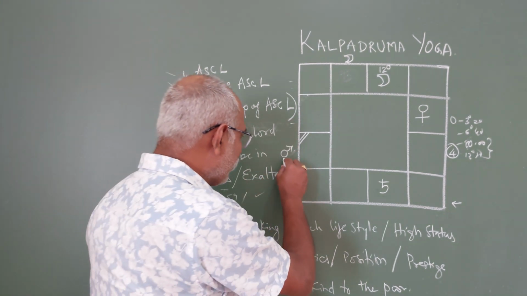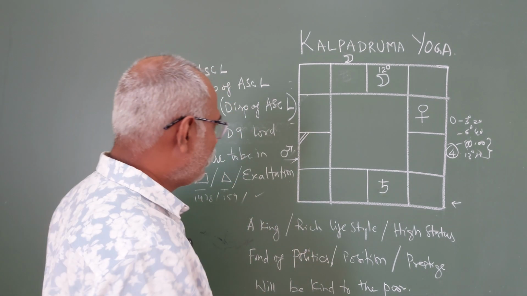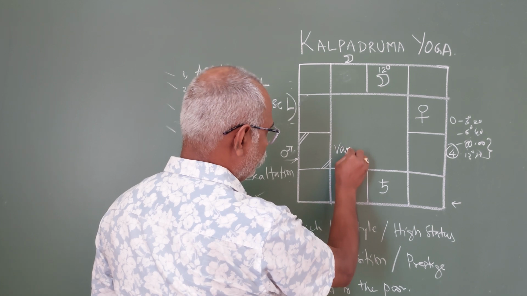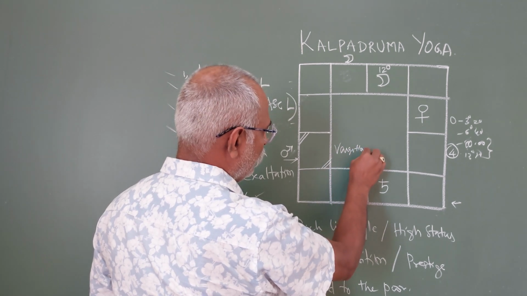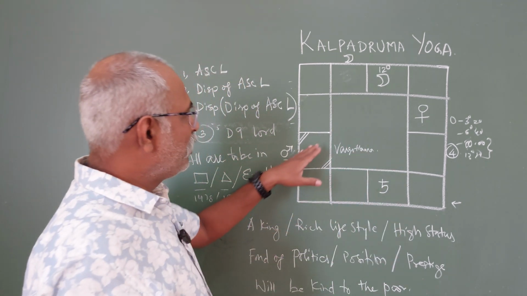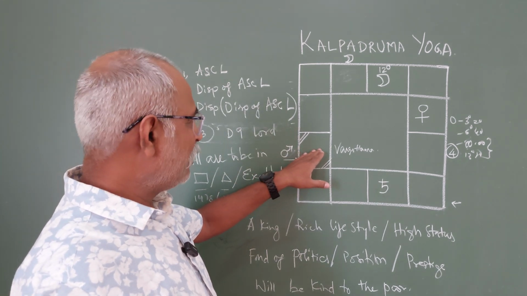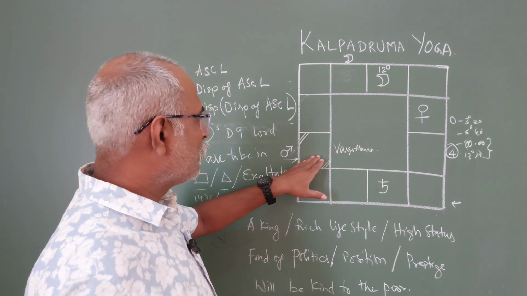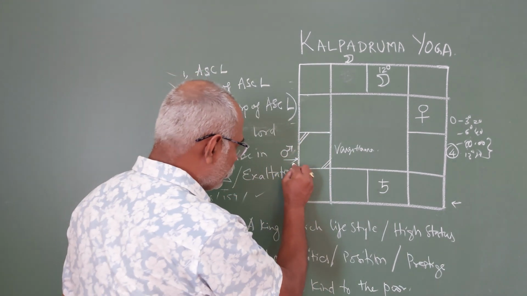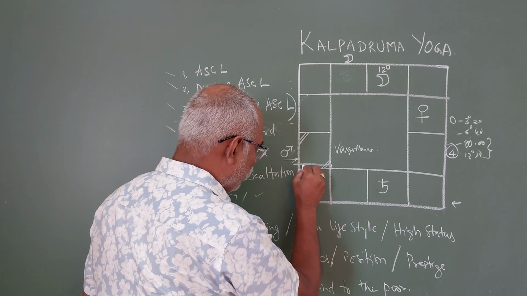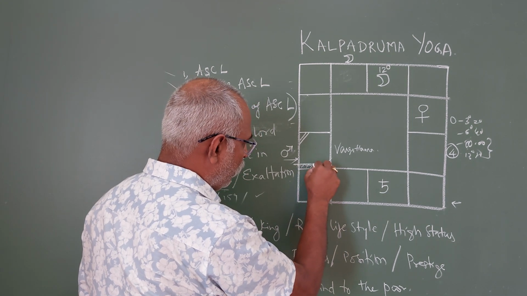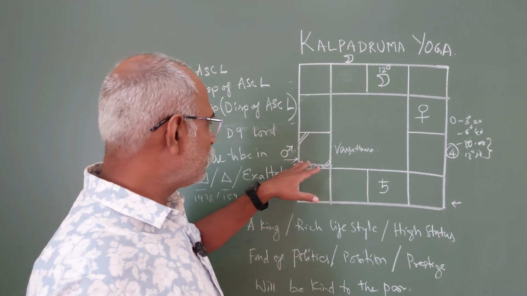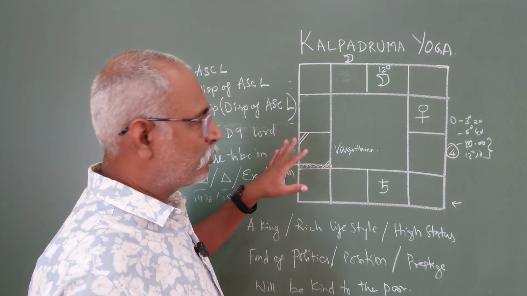It is in a Kendra. That is, let us take this as a Vargottama Lagna. Can this be a Vargottama Lagna? Yes, it can, because this is a Chara Rashi and Chara Rashi starts from itself. So if this is in the starting of this Rashi, then the ascendant will be Vargottama. So it will be there along with Mars.